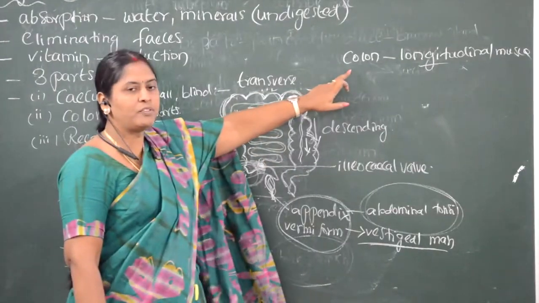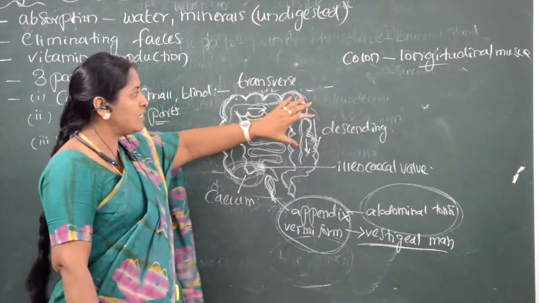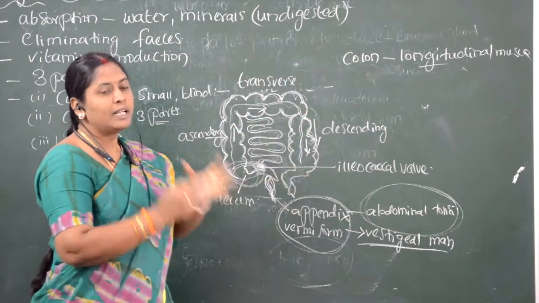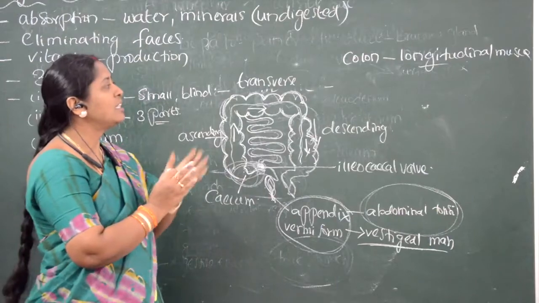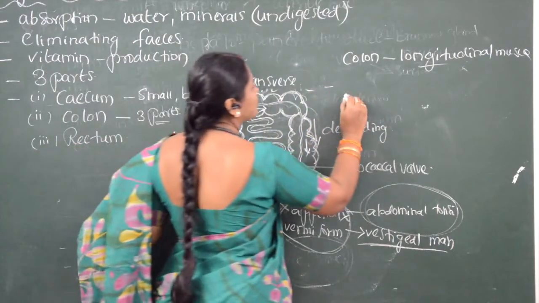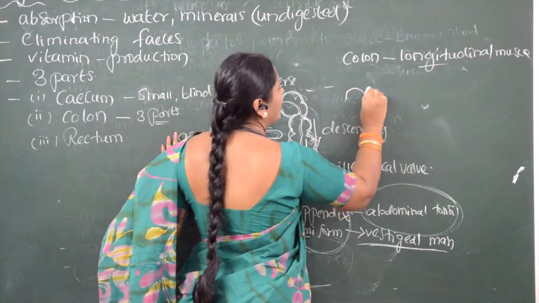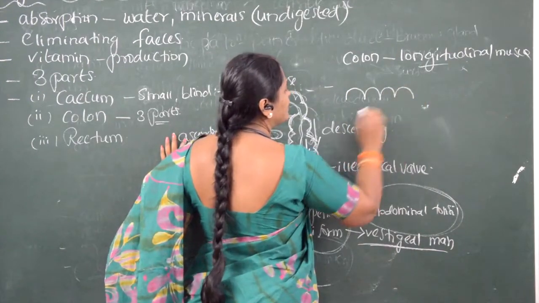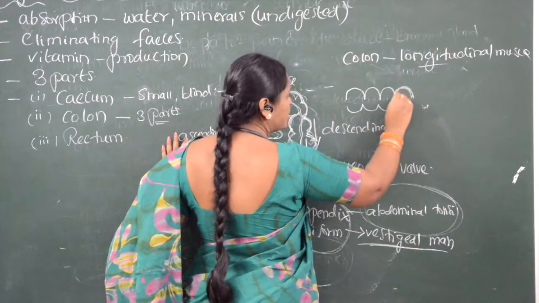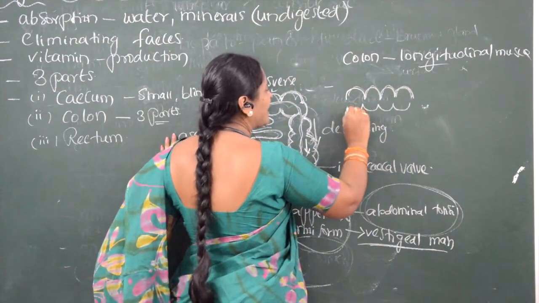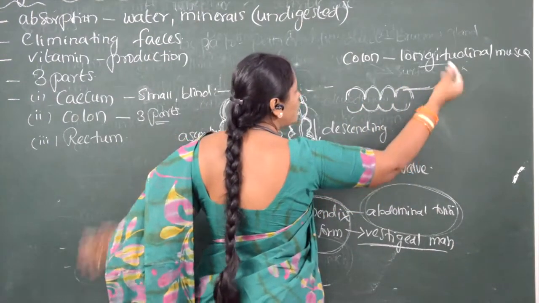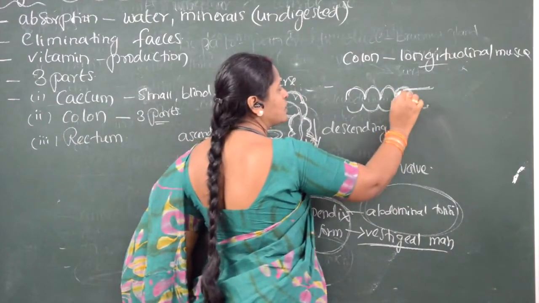The colon is made up of longitudinal muscles. These longitudinal muscles project out, or constrictions occur in them, and because of this the large intestine appears like this. These projections or ridges occur because of the constriction of the longitudinal muscles, and small pouches come out.